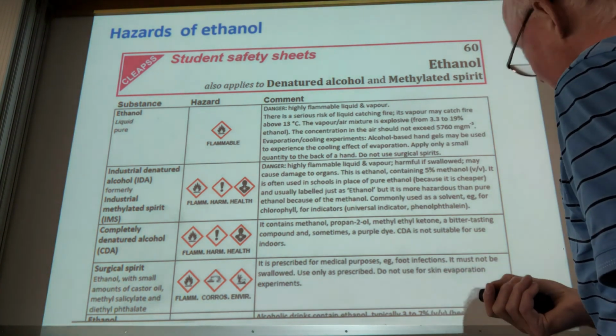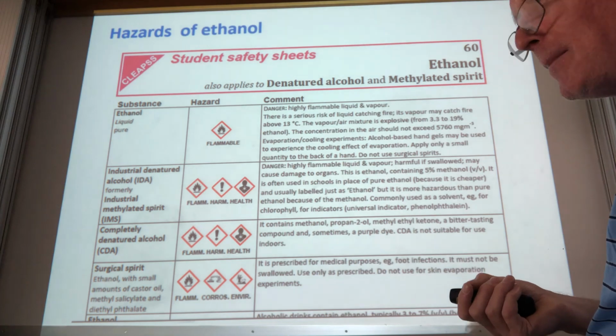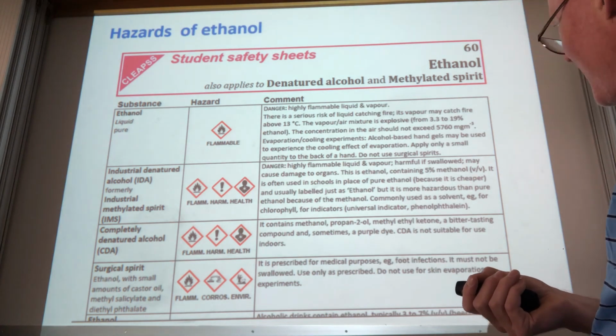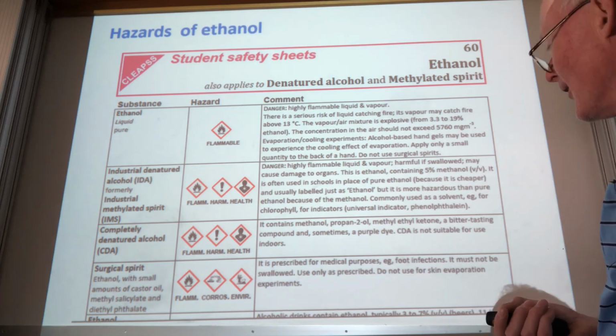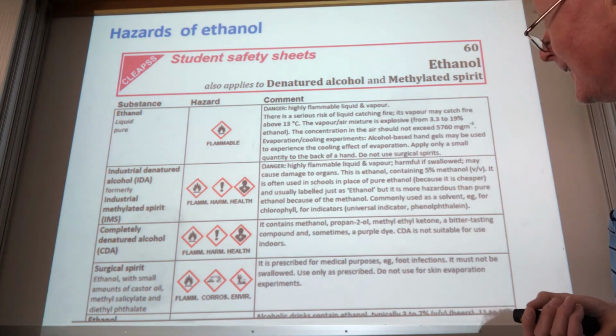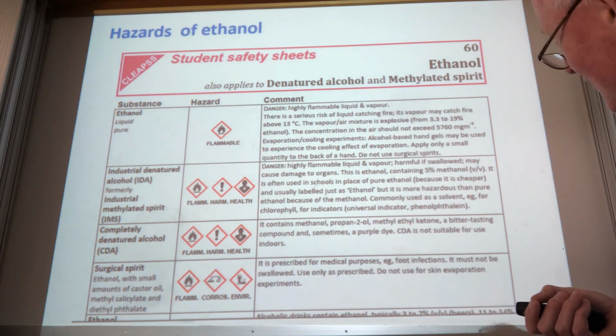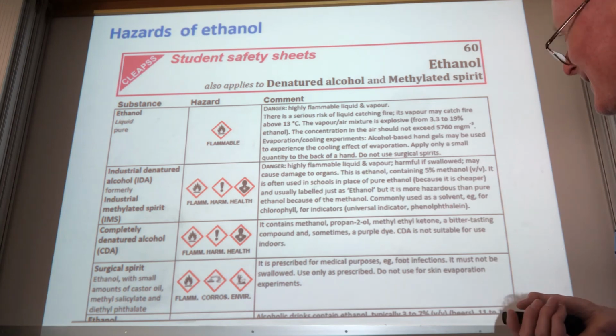It does have central nervous system effects, so if you breathe in the vapour, it causes drowsiness and dizziness, and it really should be on this list. I'll be disappointed if I don't see that as a hazard.